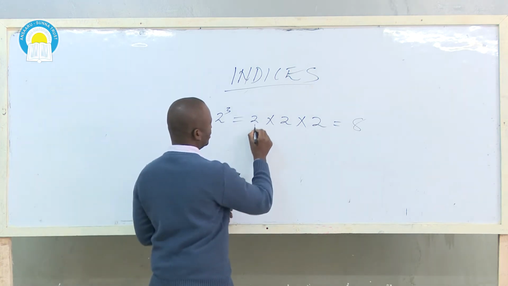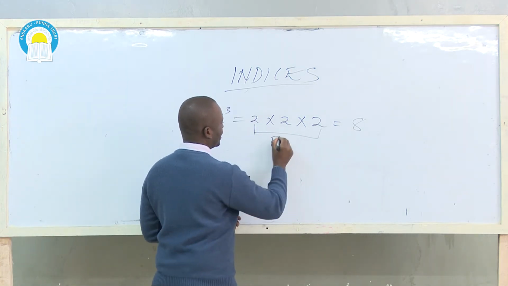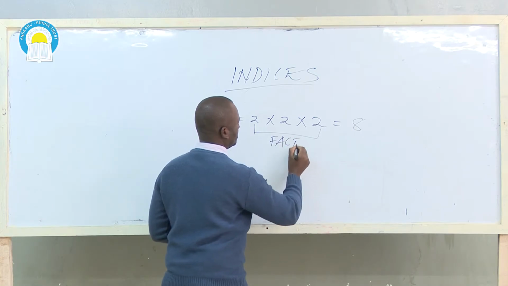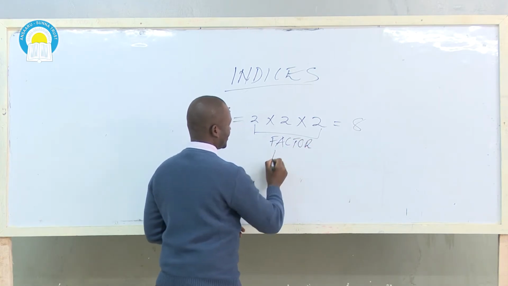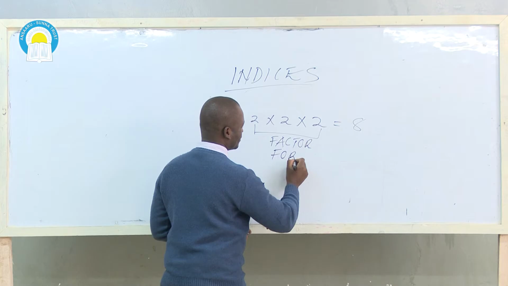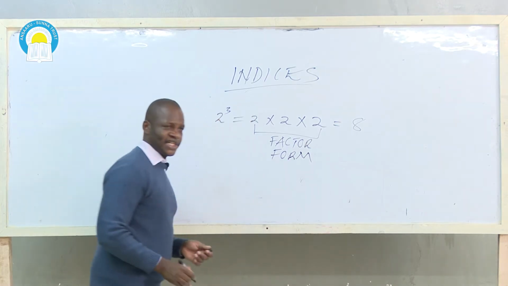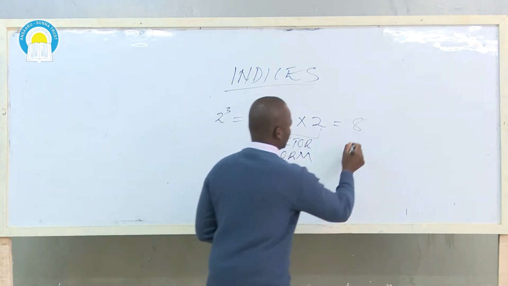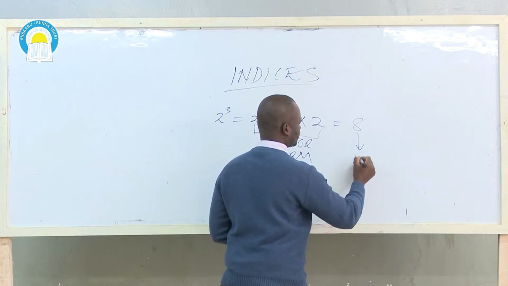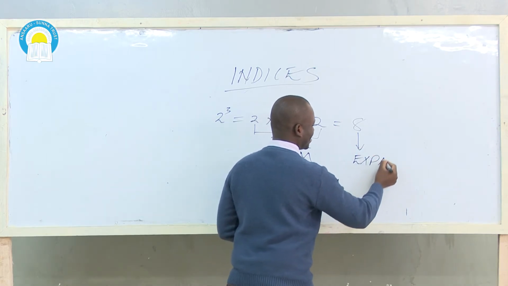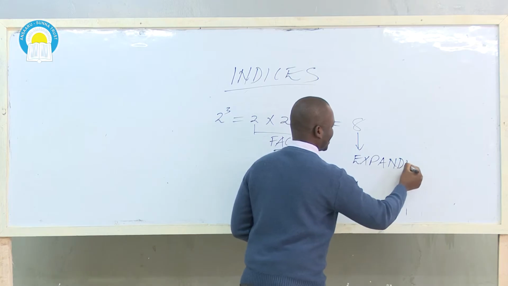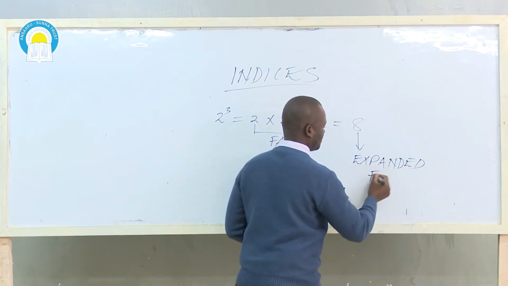So here we have a number expressed in 3 different forms. Here, what do you call this? We call it factor form. The number has been written in factor form. What about 8? Something you've talked about. This is expanded form.